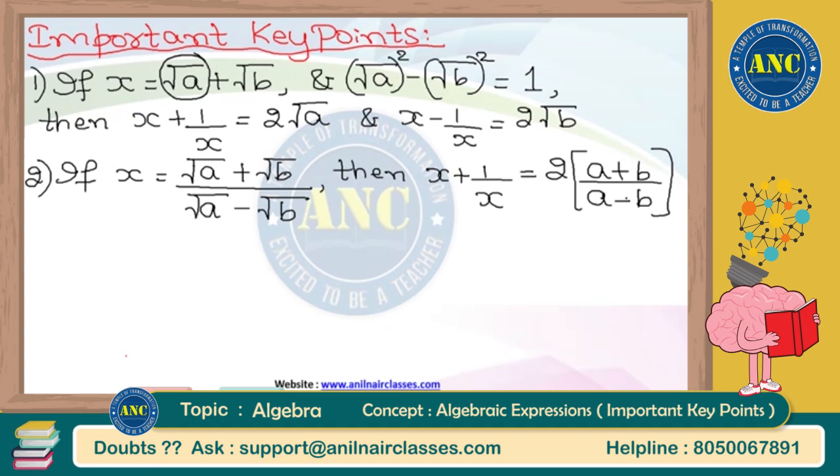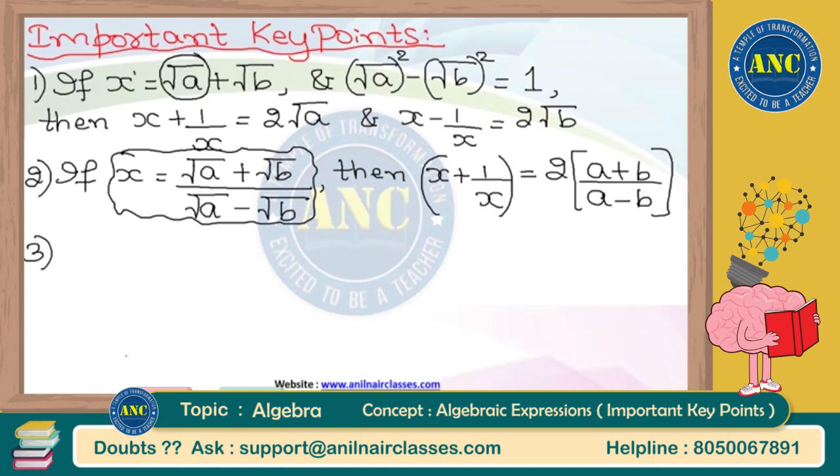That means x plus 1 by x will be equal to 2 times a plus b divided by a minus b. If this condition is given in the question, we know how to find x plus 1 by x value.